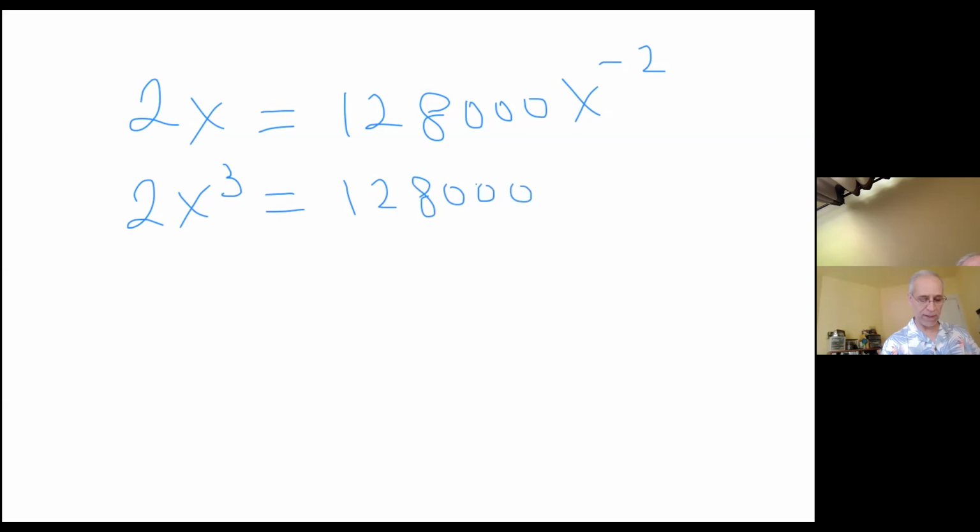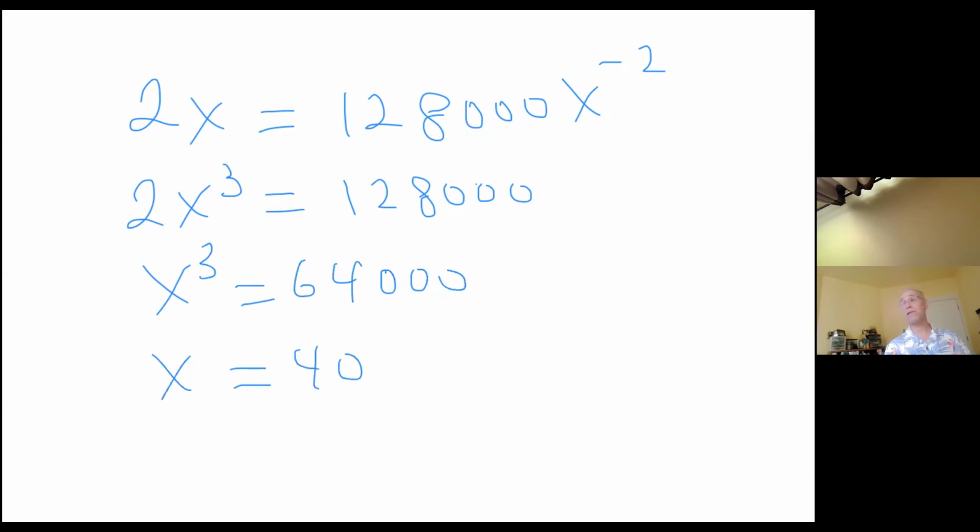And dividing both sides by 2 gives me x cubed equals 64,000. And so the cube root of that is 40. The cube root of 64 is 4, and I have 3 zeros. And you know, 40 times 40 times 40 is 64,000.